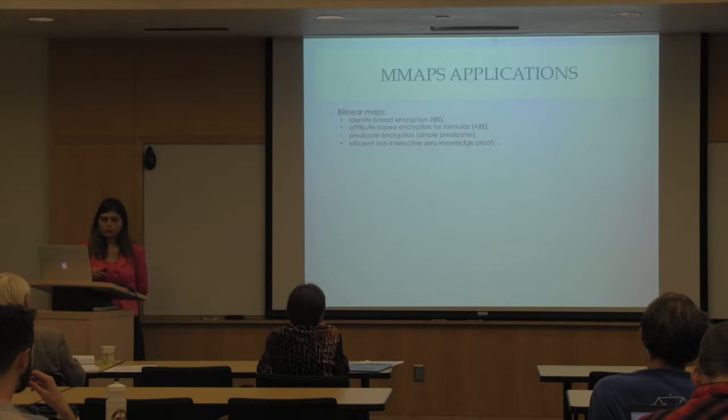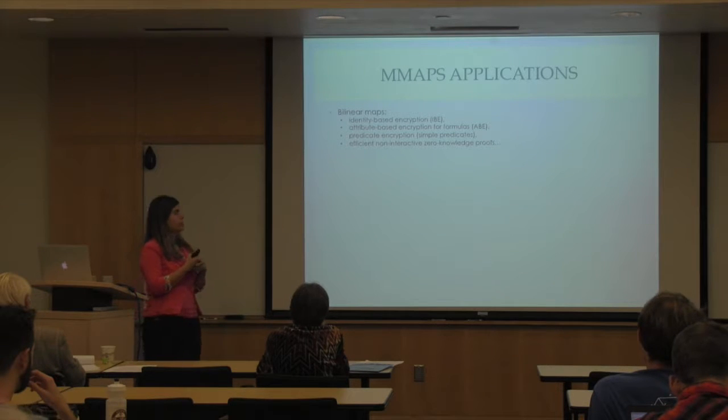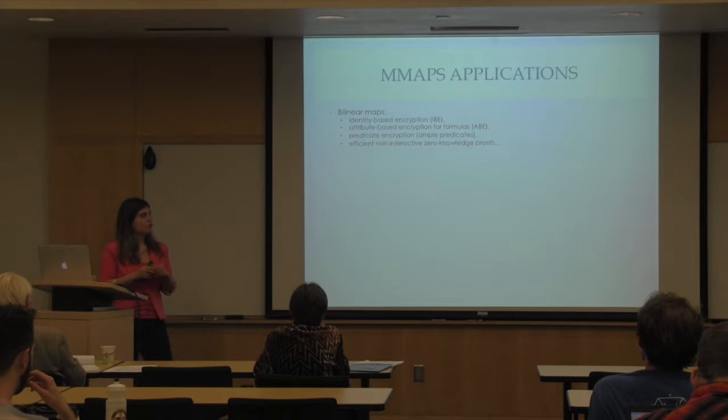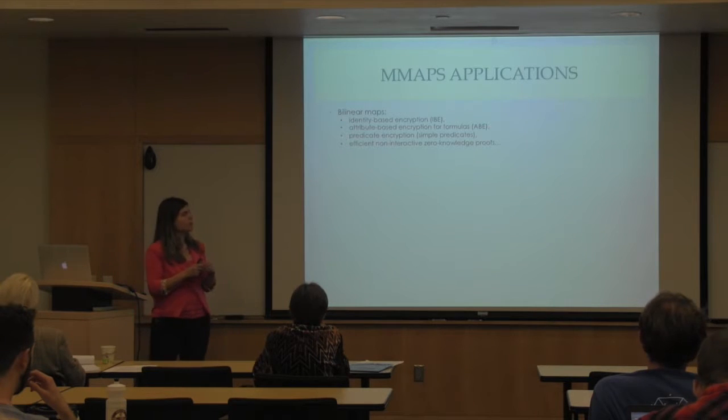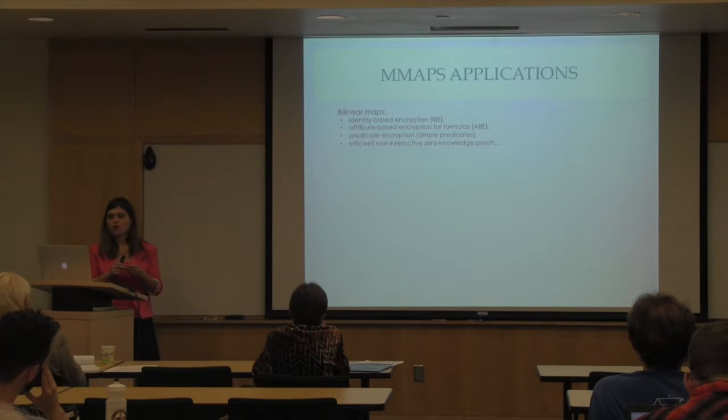So I just want to talk on one side about the applications of this multilinear map that are really far-reaching. Already bilinear maps were enabling us to construct many new cryptographic primitives that we didn't know how to do without them.